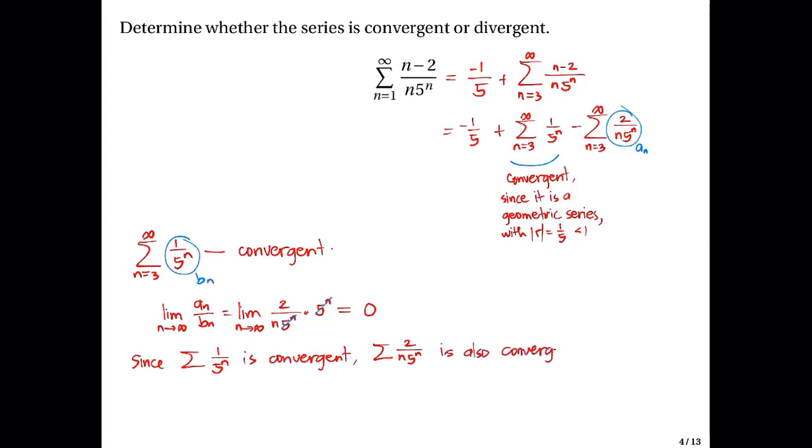And therefore, itong original series natin ay convergent. So therefore, or thus, the series n minus 2 over n 5 to the n from 1 up to infinity is convergent.